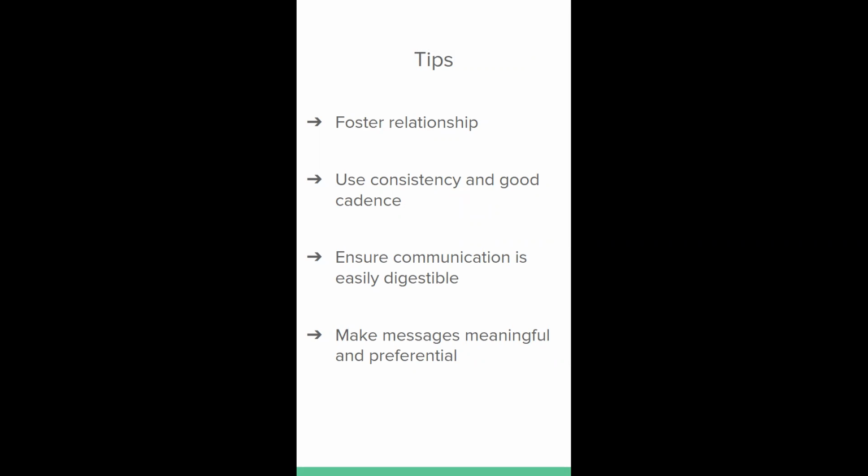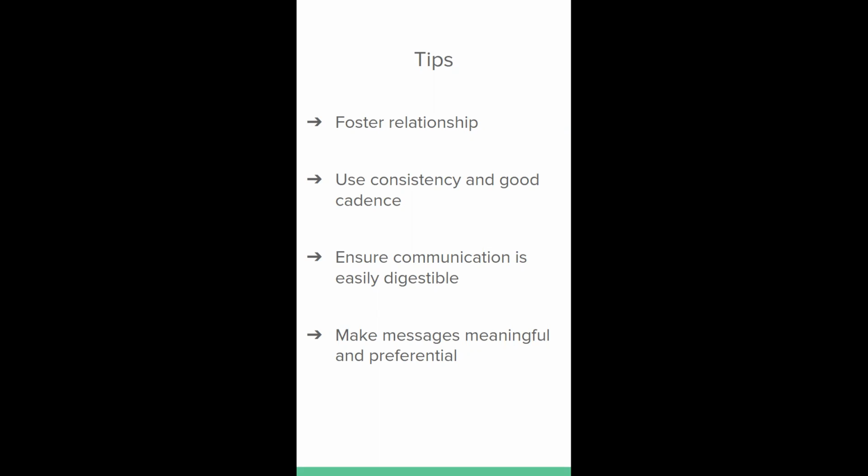So make sure that your communications do what you want them to do. If you're trying to foster relationships within your course, make sure that the announcements and all the communication that goes into your course or comes out of your course develops that relationship. Always use good consistency and good cadence.